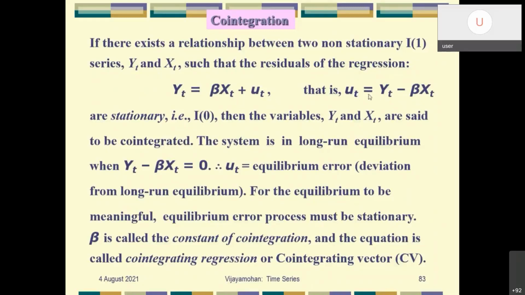The residual we are getting from this is the original value of yt minus the estimated value of yt, that is beta xt. So if the residuals are stationary, then yt and xt are cointegrated. And this beta is called the constant of integration. And this particular equation is called the cointegrating regression or cointegrating vector.